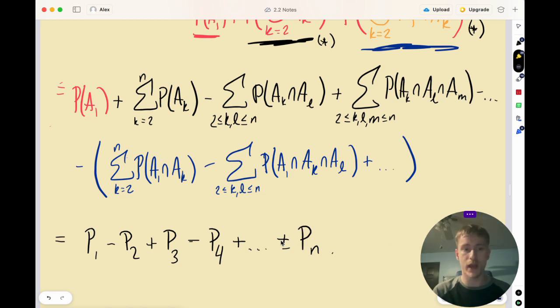Okay, so where would P1 be located? Well, remember, P1 is the sum from k equals 1 to n of all of the probabilities of A sub k. Well, we only have from k equals 2, but we do have this first term. So all this is going to be P sub 1.